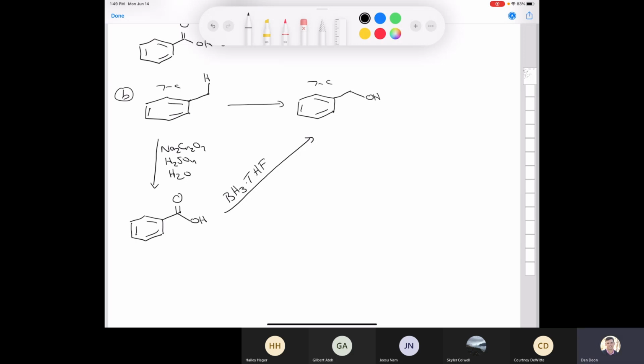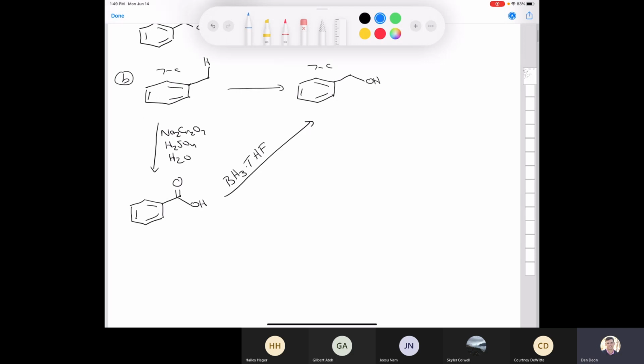All right. I had a note here for myself in my notes, and I said, well, there's another way that you could make this that's only 2 steps. If you start with toluene, we talked about benzylic bromination, didn't we? If you were to treat this with N-bromosuccinimide, and if you were to heat that up, you would end up with this compound, which is called benzyl bromide.